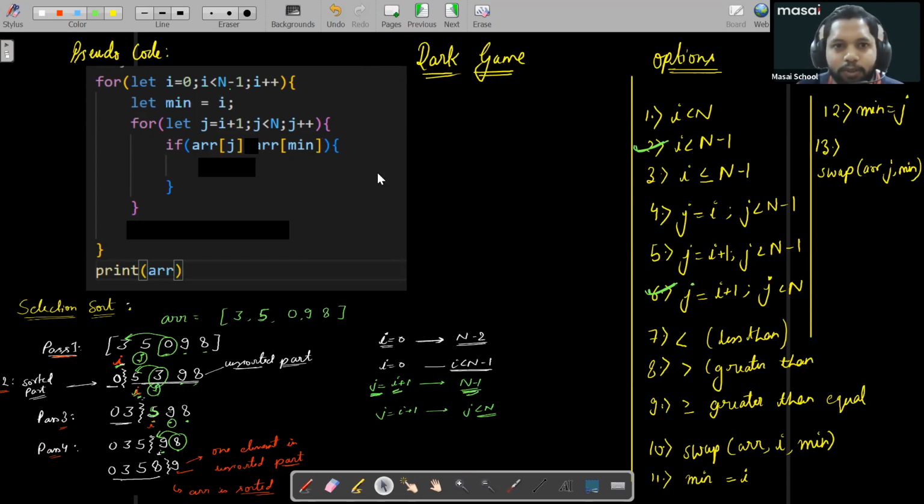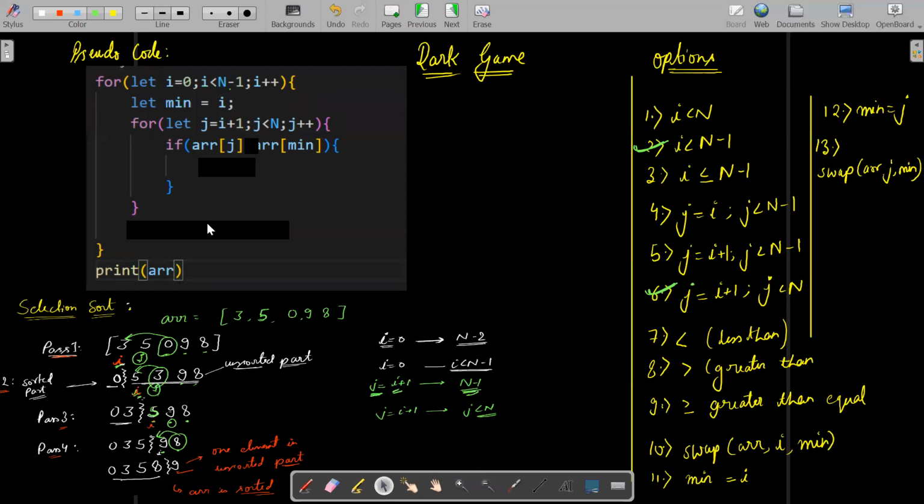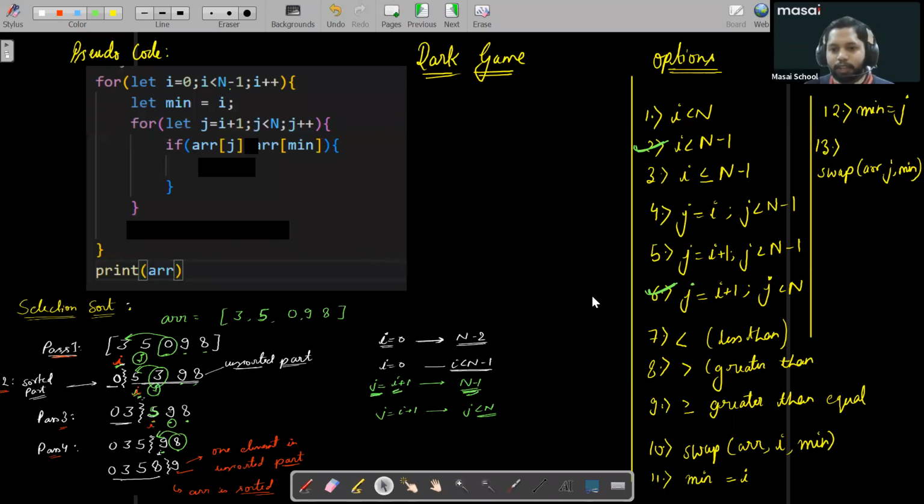Okay. Here is one. Ankita, can you unmute yourself and tell me? Hello, sir. You are saying array j is less than array minimum, that is option number 7.